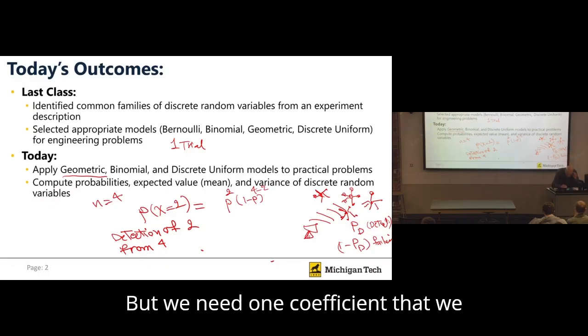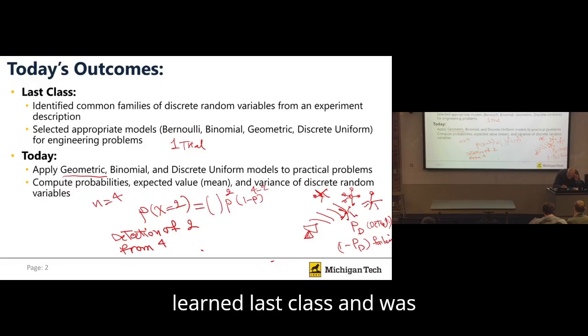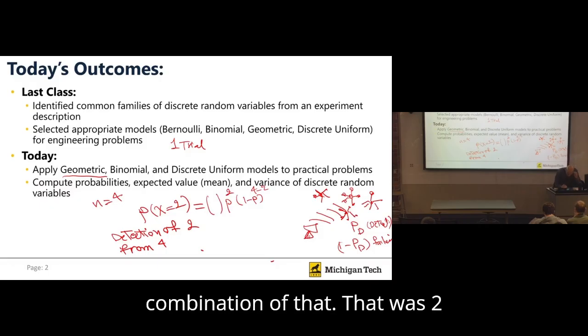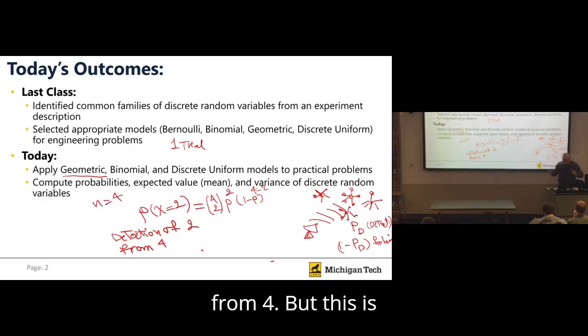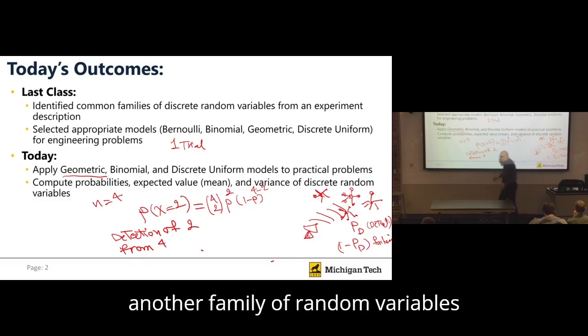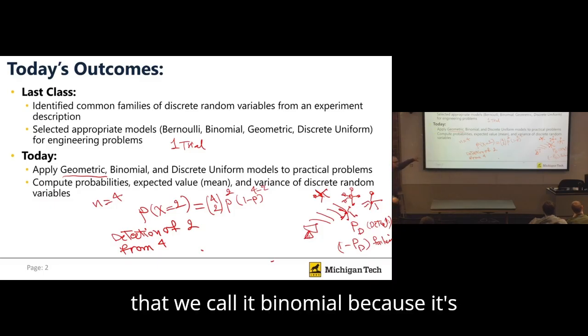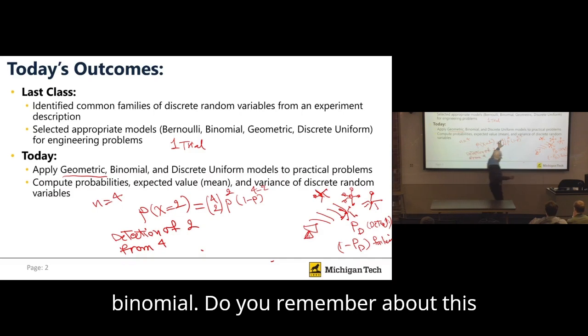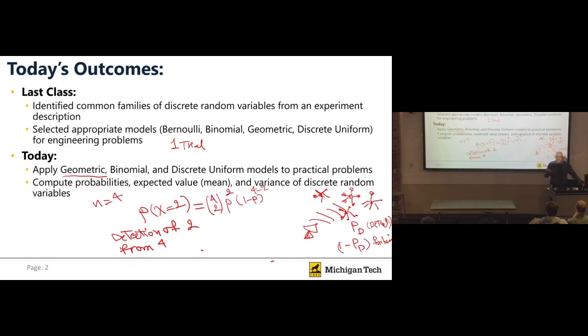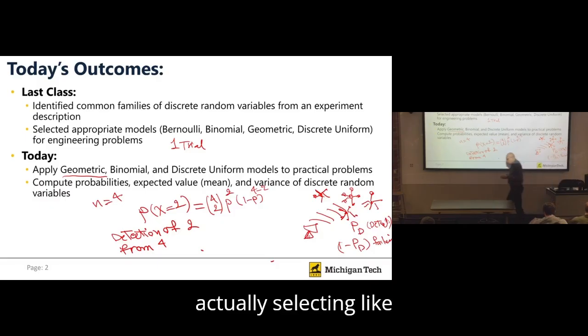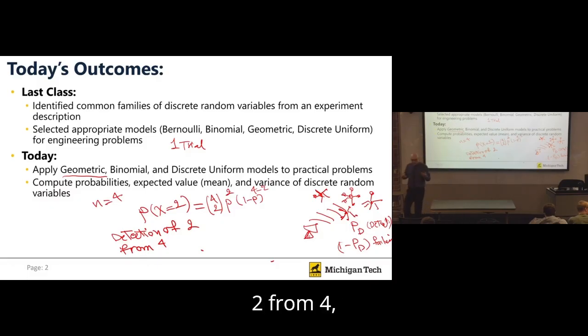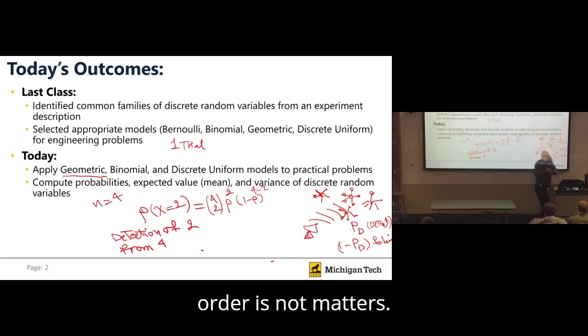But we need one coefficient that we learned in the last class, which was the combination, 2 from 4. So this is another family of random variables that we call binomial. Do you remember this combination? Combination was actually selecting, like, 2 from 4, but order does not matter.